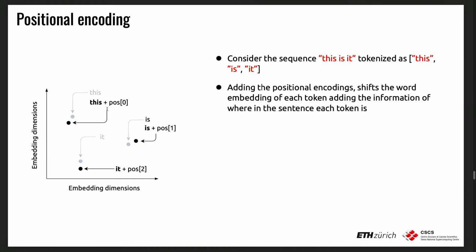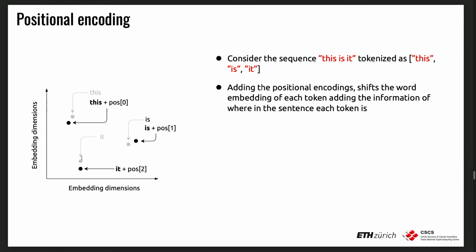If we add position 0 to this, the effect is that the embedding is going to change a little bit down and to the left, and the effect on this one by adding position 1 is to shift it a bit to the right and up, and position 2 is going to shift it down. Okay, so now the embeddings have been modified a little bit, and by now that doesn't mean anything.